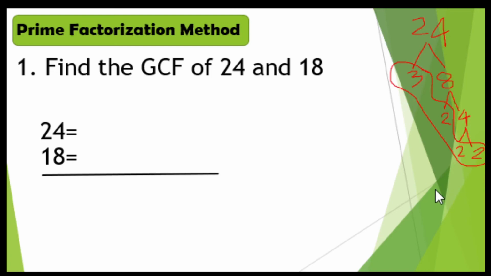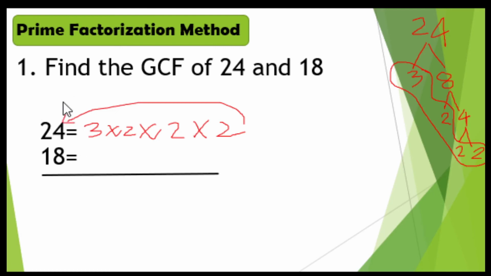Prime factors of 24, we have to write it here: 3 times 2 times 2 times 2. When we multiply, 3 times 2 times 2 times 2 is equal to 24.